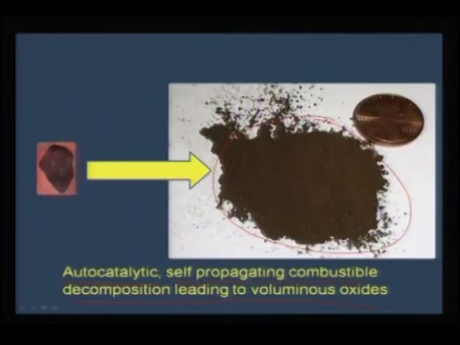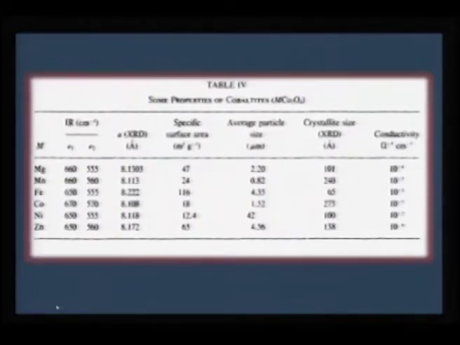When you talk about a voluminous compound, you are talking about an increase in surface area, therefore it will be highly reactive and it can be used for many applications. These properties are reflected in the oxide phase, and that is what we are seeing here in this table, some properties of the cobaltites.